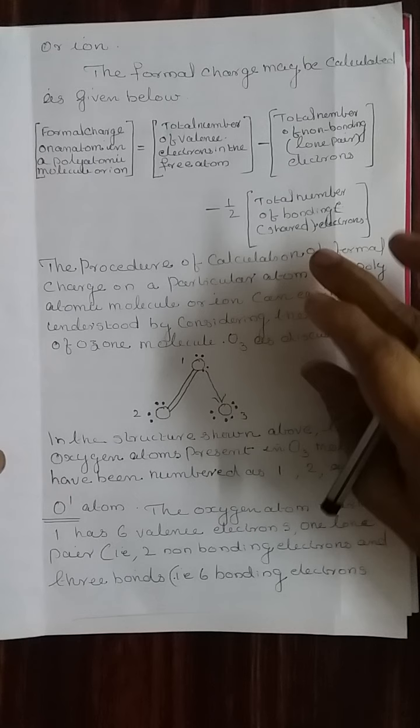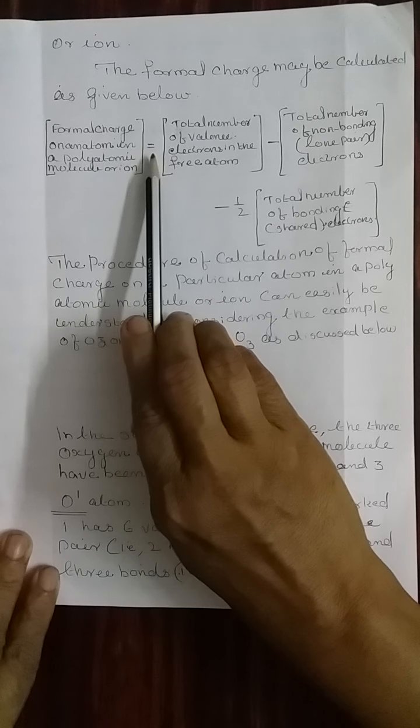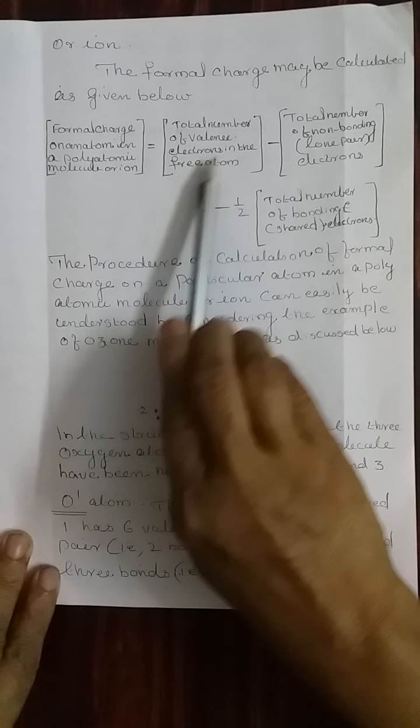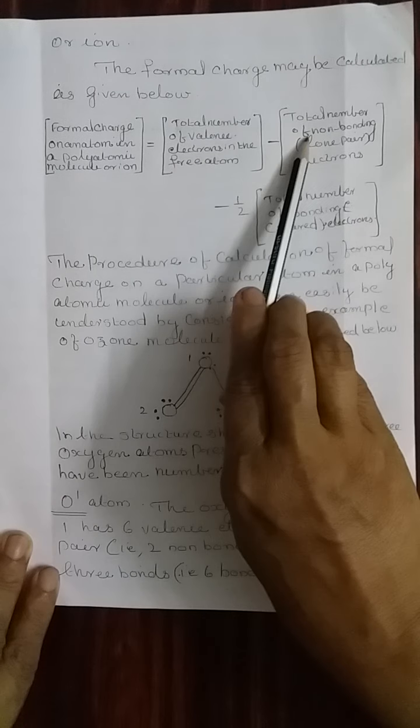That is, formal charge on an atom in a polyatomic molecule or ion is equal to total number of valence electrons in the free atom minus total number of non-bonding or lone pair electrons minus half into total number of bonding or shared electrons.